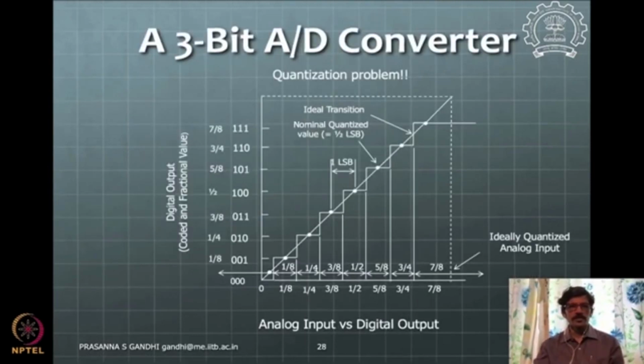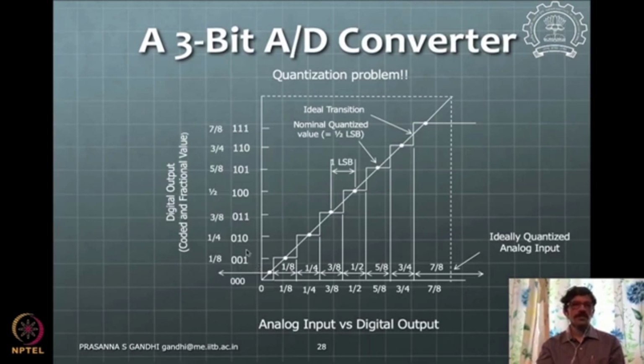And the main drawback, or not drawback, it's a characteristic of the digital output, is that it will have this stepping kind of behavior, of course, because your digital values are going to be in discrete form, and depend upon the number of bits that you use for this conversion.